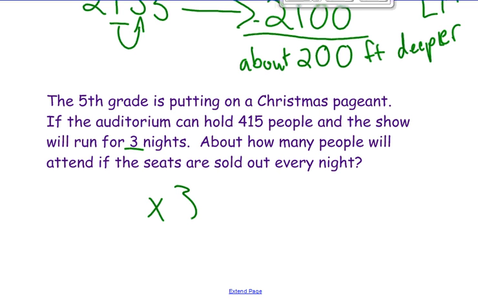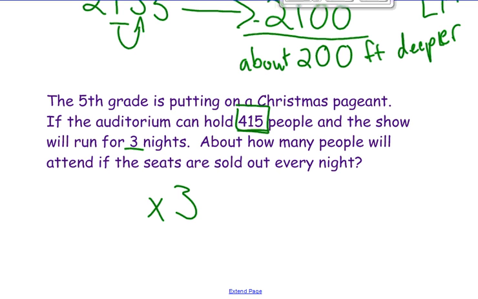So we're going to be multiplying by 3, right? And then we're going to look at the total number of people that can fit. So if 415 people can fit in the auditorium, that means there must be 415 tickets to go in there. So now we need to get an estimate from that number right there, that 415.